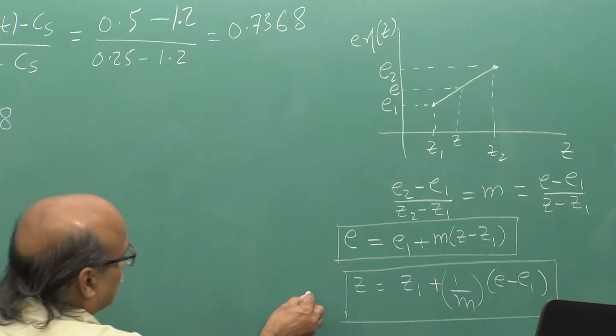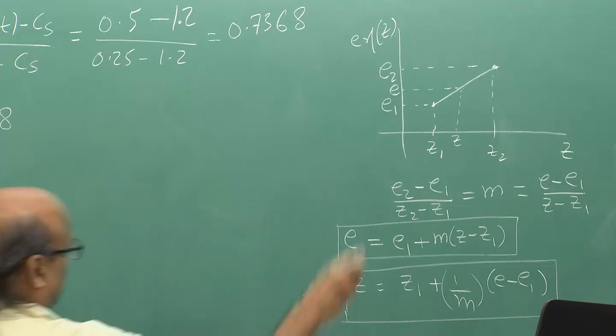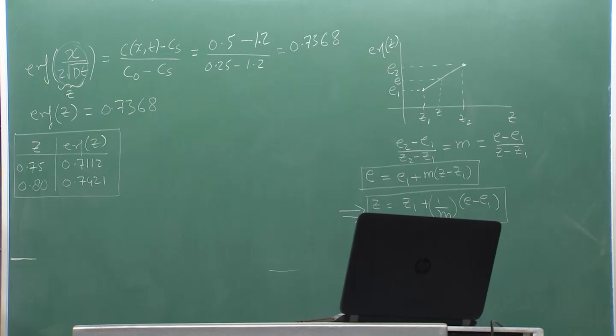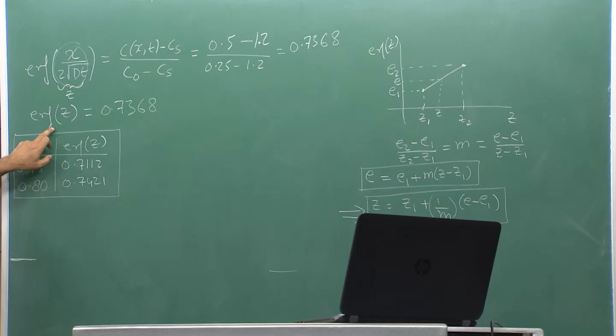So, using this particular relation, I have this data and I know the error function value in between these two. So, I should be able to get the corresponding z value.